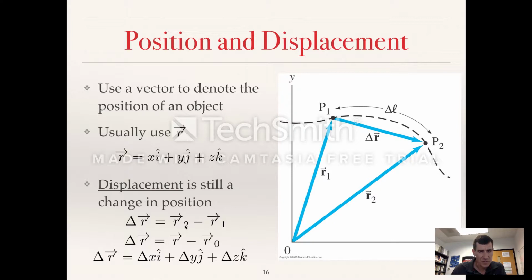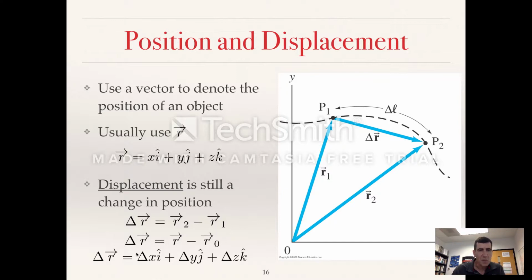This is defined as r2, the position vector at position 2, minus the position vector at position 1. You'll also see this written with finals and initials instead of 1s and 2s. Sometimes you see final with an F, sometimes it's just the r with no subscript, sometimes you see initial with a little i subscript, and sometimes it's a 0. They all mean the same thing.